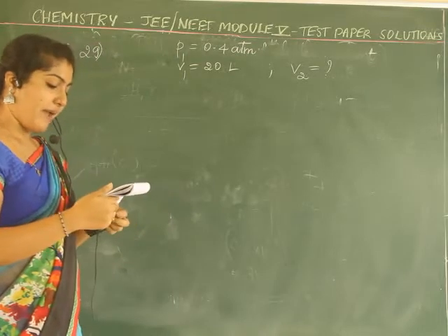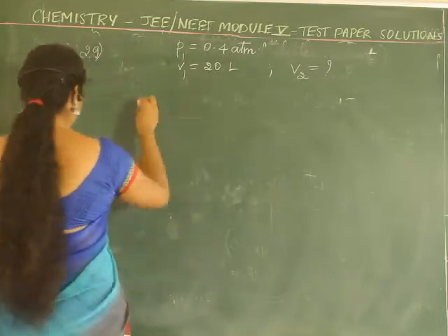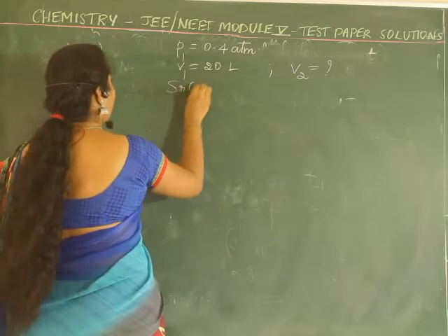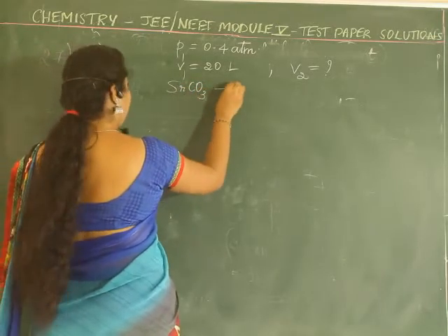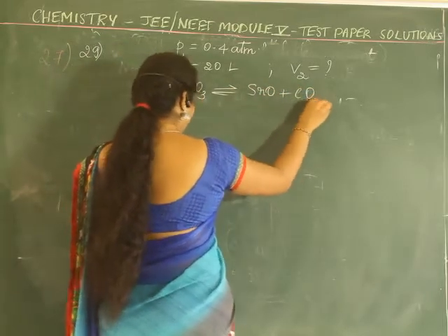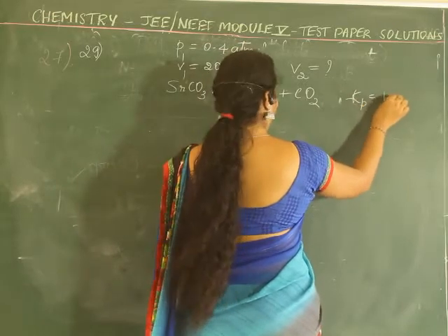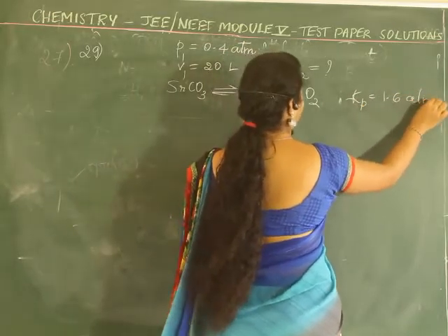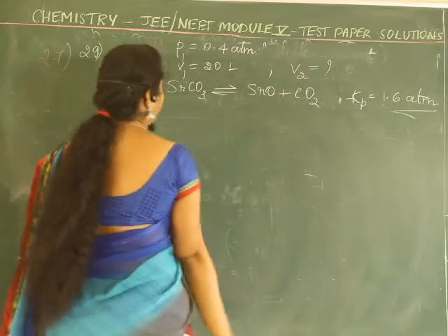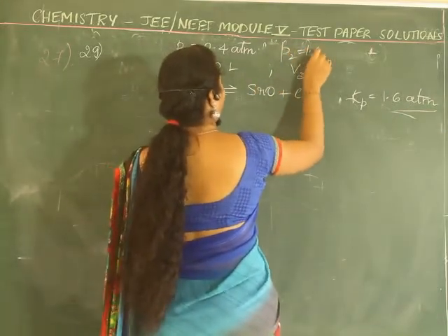The equation given is strontium carbonate dissociating as strontium oxide and carbon dioxide, where Kp is 1.6 atmosphere. So we can take P2 as 1.6 atmosphere.